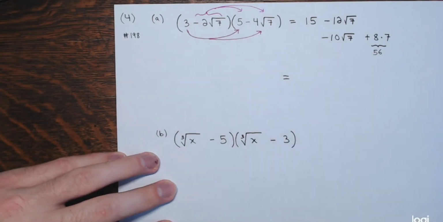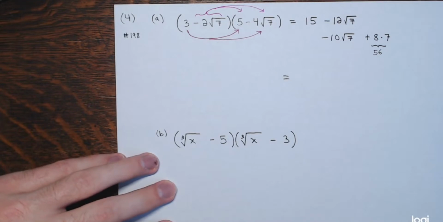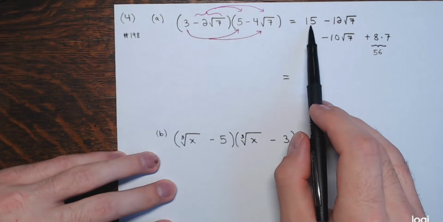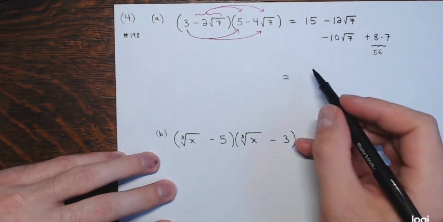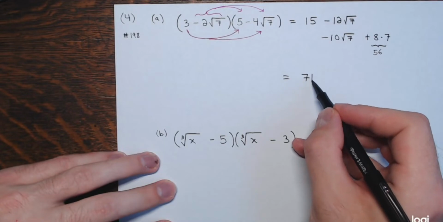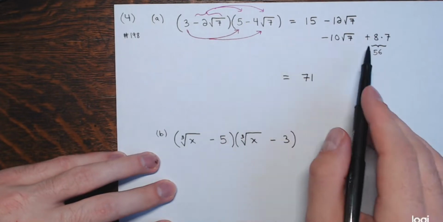And then I combine like terms, terms with like radicals. You have positive 15 combined with positive 56 would be positive 71. Right, the 15 and the 56.